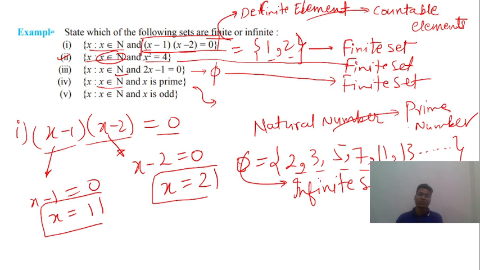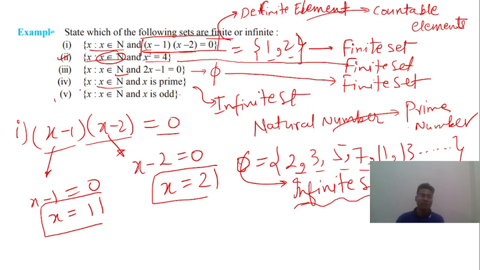Can you get the point I just want to tell you? Why is this set D an infinite set? Because you have so many numbers, your counting doesn't stop. So here we got it as an infinite set.